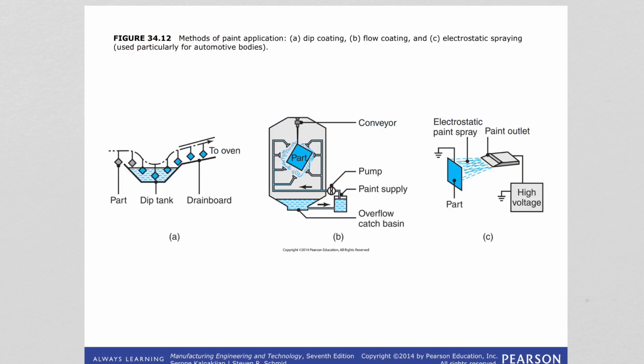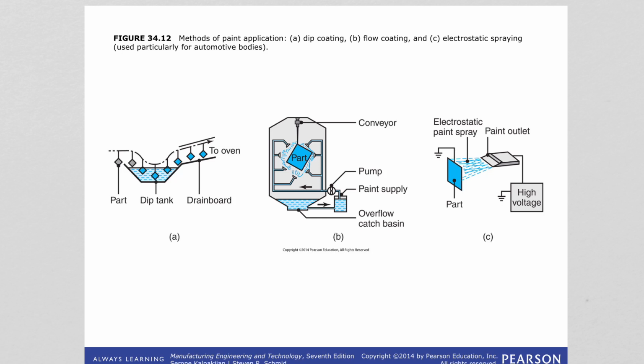So as we talked about, there are different ways to apply paints. We see here in dip coating, obviously the parts are dipped into the tank which has the paint, and the flow coating, as you can see in image B, involves spraying of a component with excessive amounts of paint or applying streams of the coating material to it.